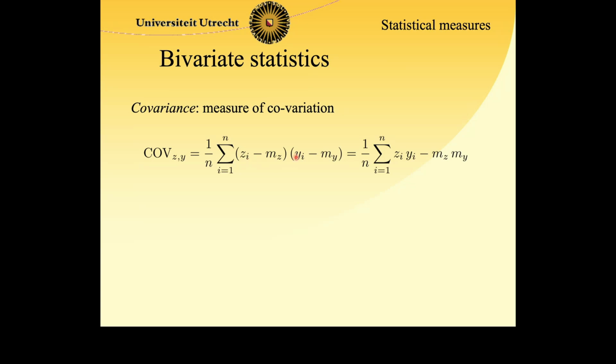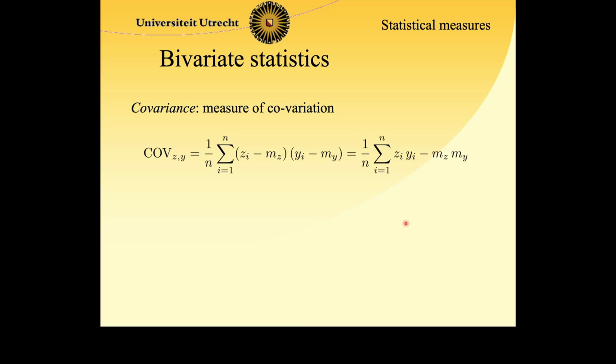We do the same for porosity, Y minus the mean of Y. We multiply those deviations with each other, add them all up, and divide by the number of data that we have. Again, this is another way of doing that, taking this cross product and then subtracting the product of the means. This is the so-called covariance.